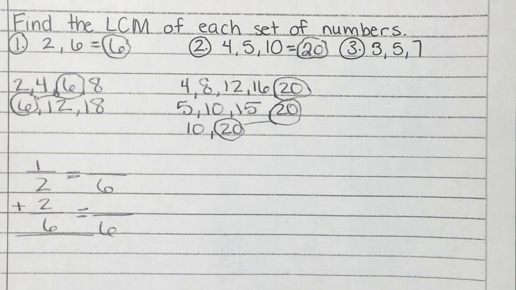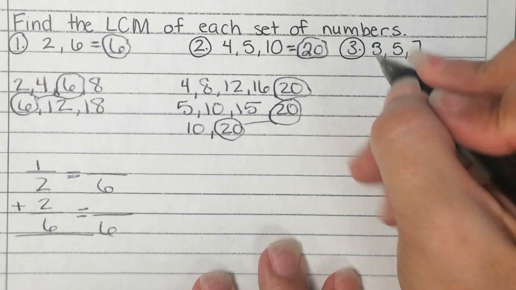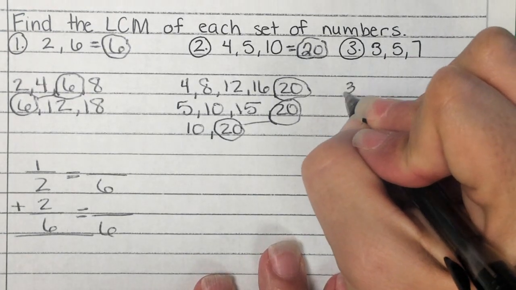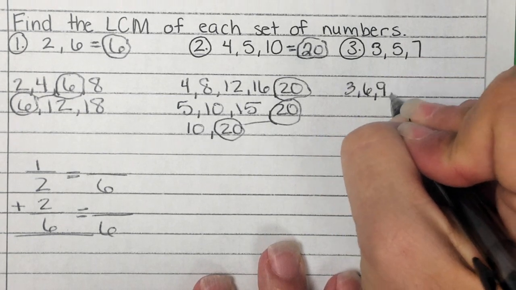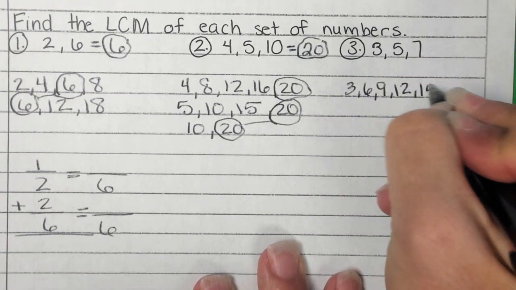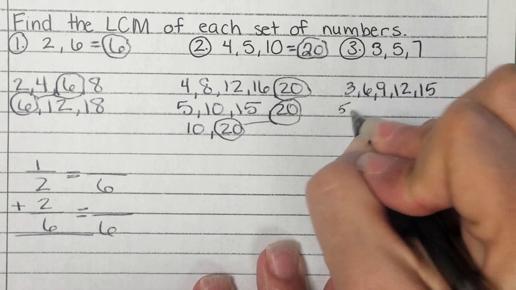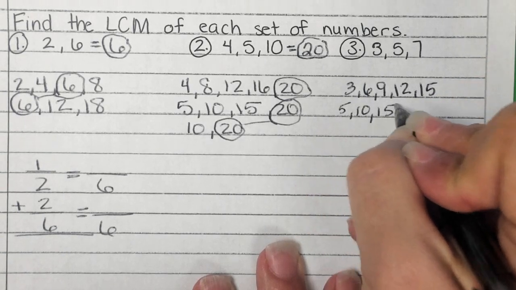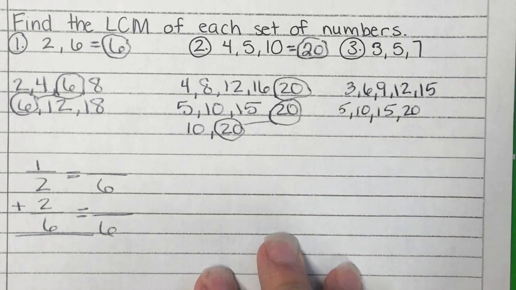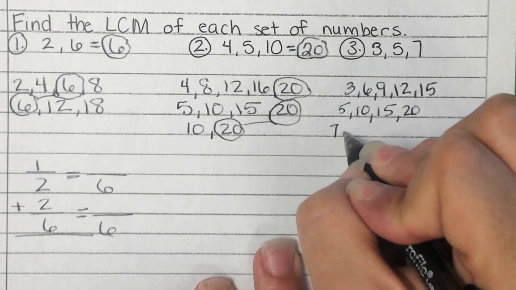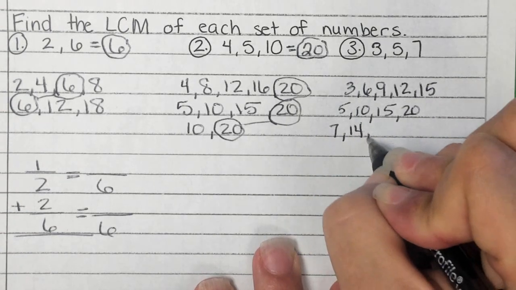Okay. And number 3 here, I've got 3, 6, 9, 12, 15, 5, 10, 15, 20. I'm just going to keep checking it here. 7, 14.